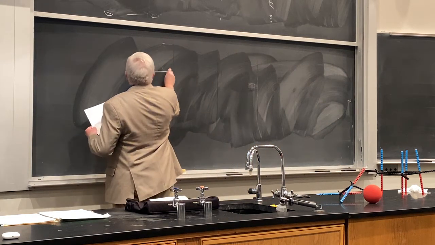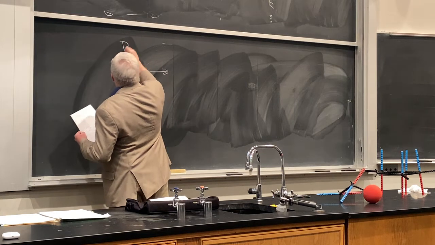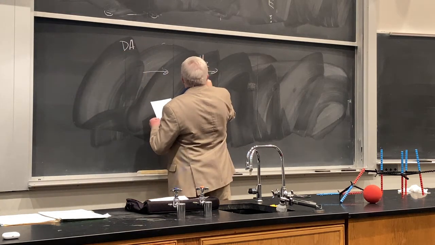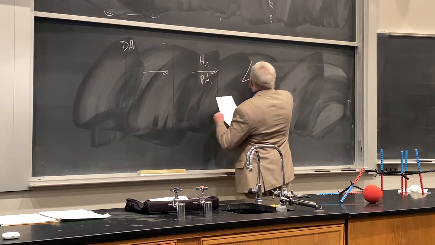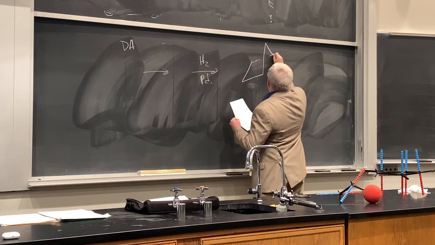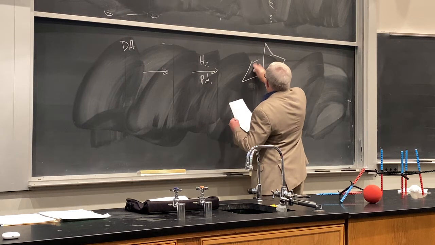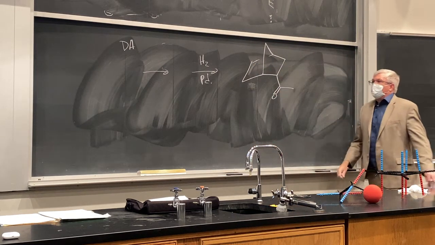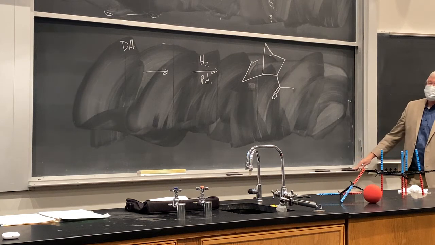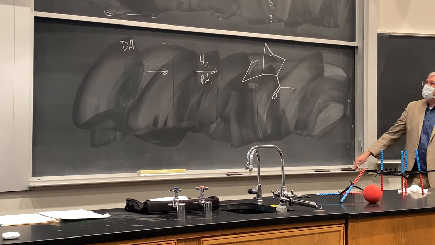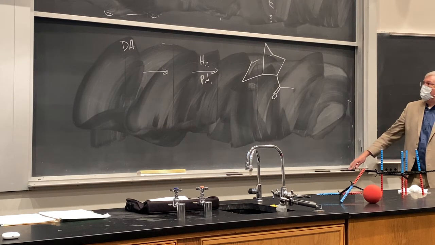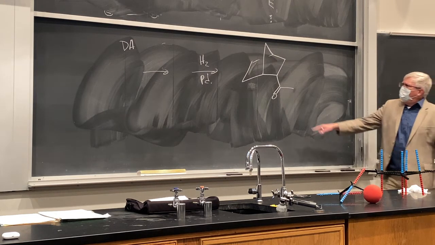You're told there was a Diels-Alder reaction, and then there was a hydrogenation reaction, and you generated this product after hydrogenation. So can you fill in the Diels-Alder diene and dienophile, and can you fill in the intermediate for the Diels-Alder product?